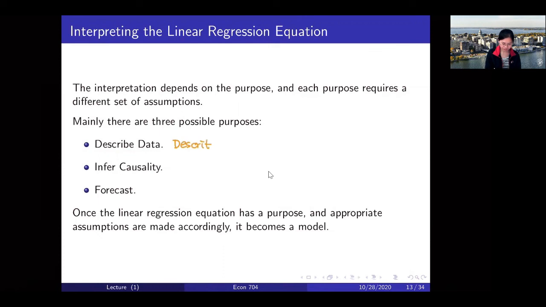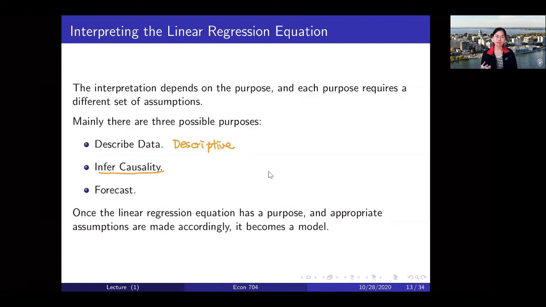So descriptive: say you just want to describe how the variables are related. And the second purpose is to infer causality. So it's to infer what causes what.